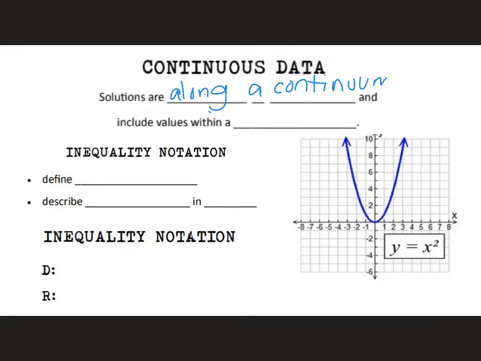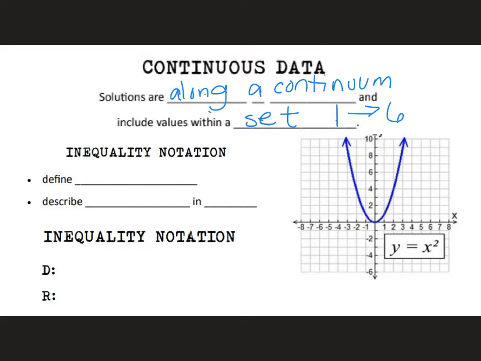I hope I spelled that right. Yes, I did. And it includes values within a set. I don't want to use the word range because it's not necessarily that. So when I say a set, it's from like 1 to 6 or something like that. So that's like a set of data, everything in between.